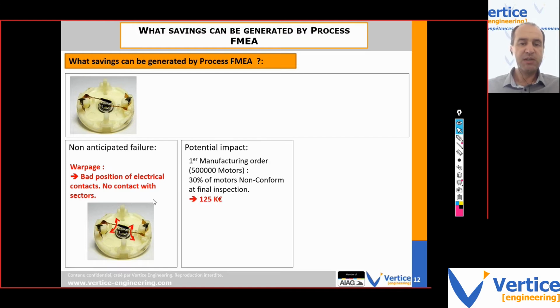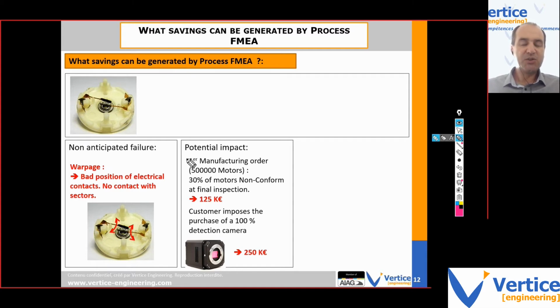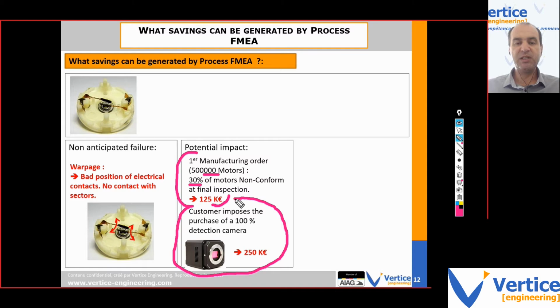This kind of issue, if we think we have it under control, and in fact we don't, can be costing a lot of money. Here we say, for example, 30% of non-conform motors on 500,000 motors, it makes up to 125,000 euros or dollars. Then we may have a customer that discovers the problem and asks us to absolutely buy cameras that will make 100% control.